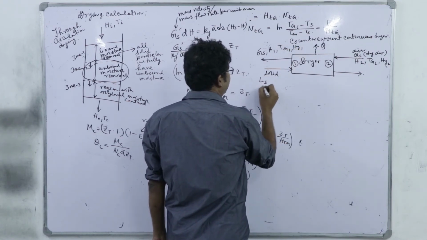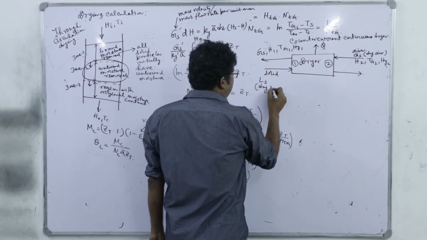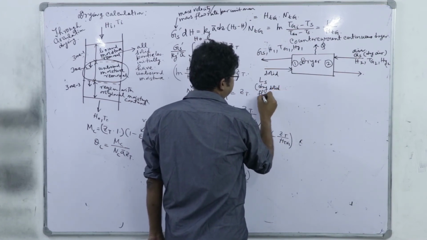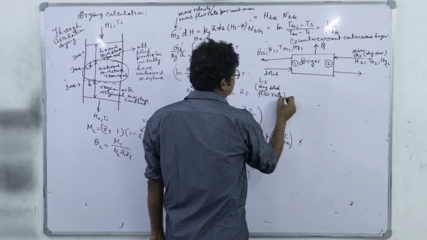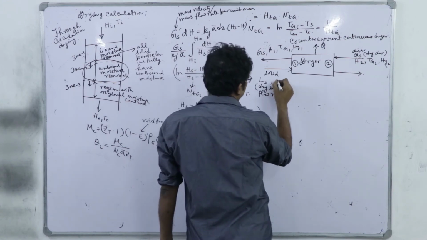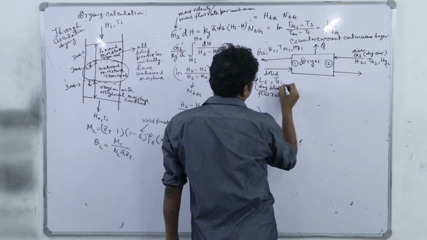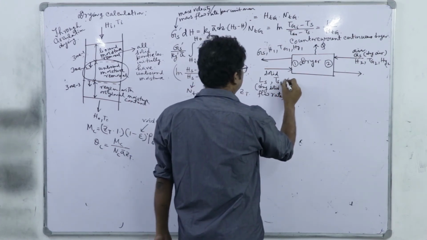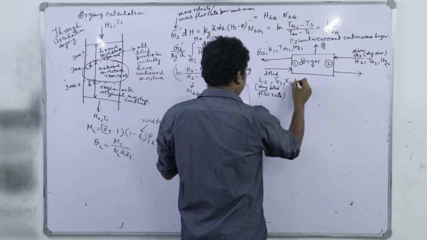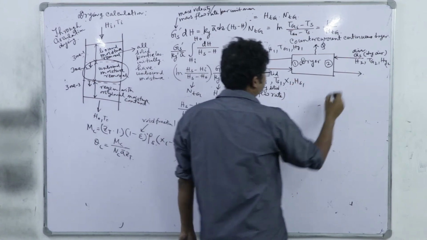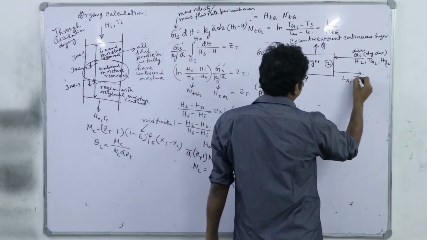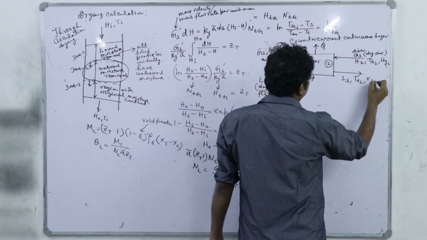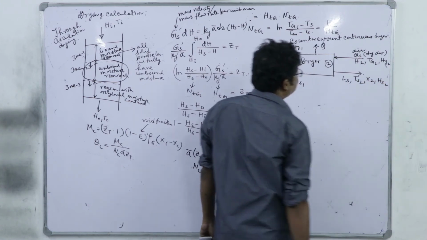Now the solid, LS, is the dry solid flow rate. Then we have TS1, its moisture content X1 and solid enthalpy HS1. Here we have LS, TS2, X2 and HS2.